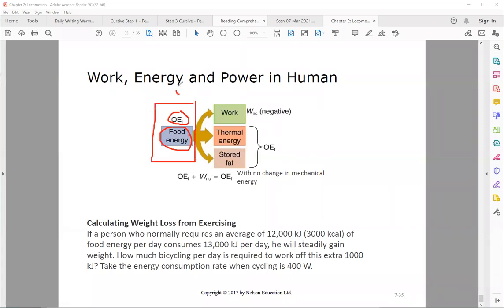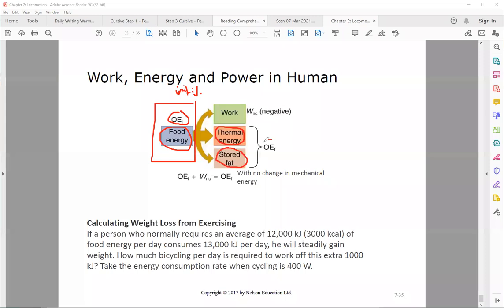It will go into the final state as thermal energy, of course, if you're doing an effort. So this will turn into heat, thermal energy. Now, whatever food energy that is not consumed, that is not burned, of course, will be stored as fat.